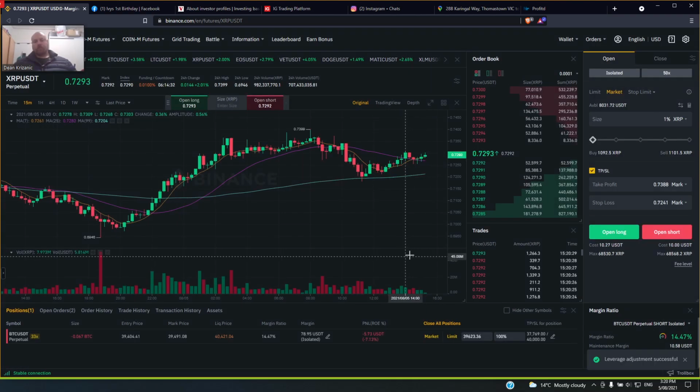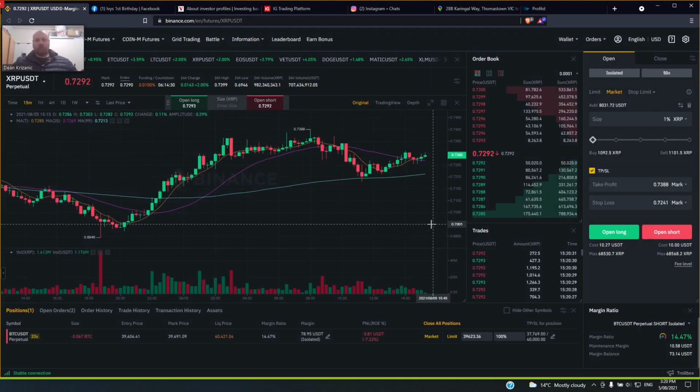The reason it's a high leverage is because you've chosen to risk 1% of your account. If you use, say, 10x, then when it gets to stop, it won't be $80. So cost is 10.